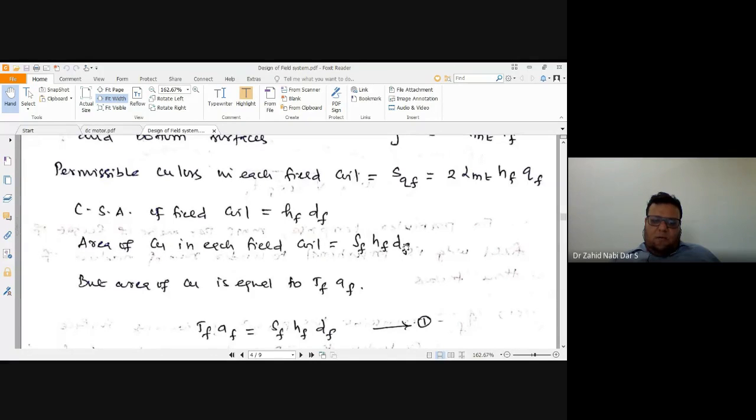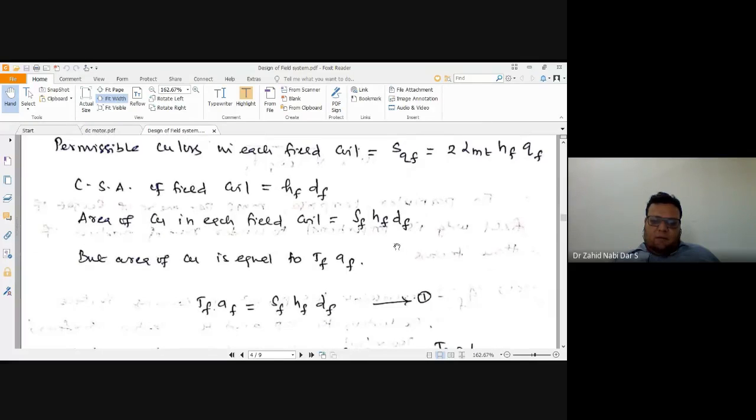But area of copper, now we have seen, it is equal to how much? Area of copper, see, current density δF is equal to IF by AF. Here also you see, δF is equal to IF by AF.